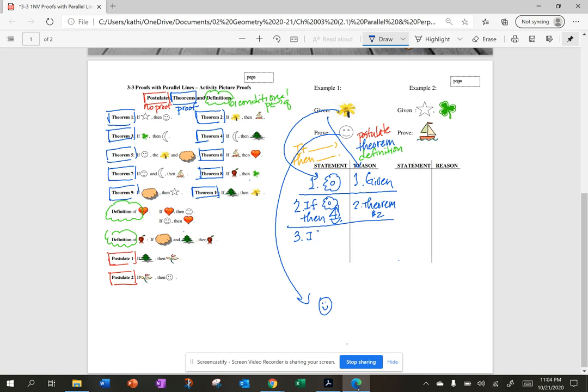So if I have a boat, I'm using this here. So I'm chaining this in. So if I have a boat, then I can get a heart. And I see that with theorem number 6. Then I can get a heart. And that is theorem number 6.